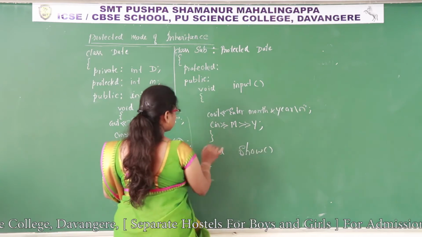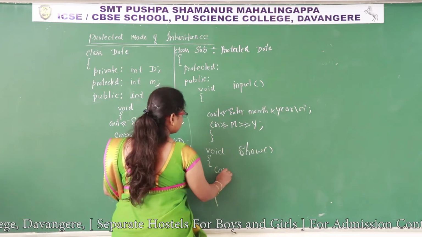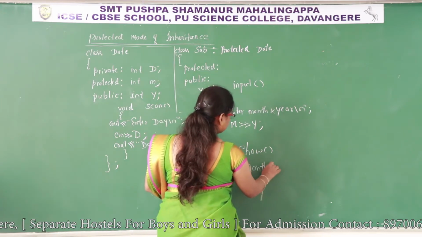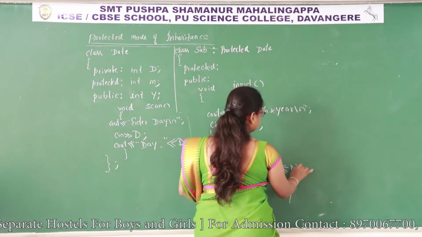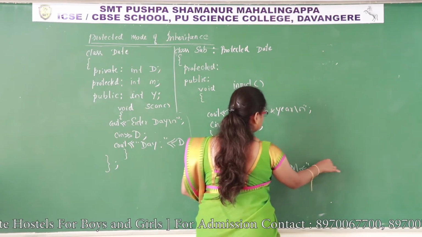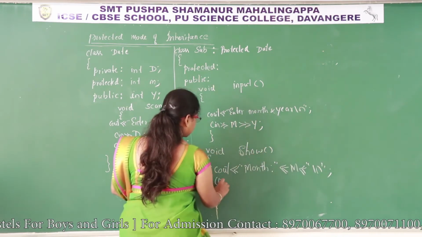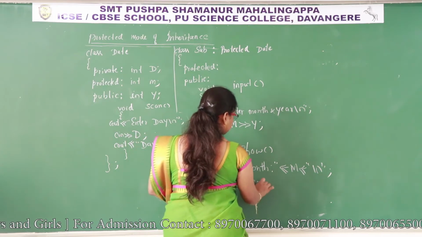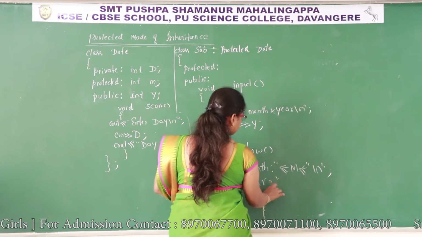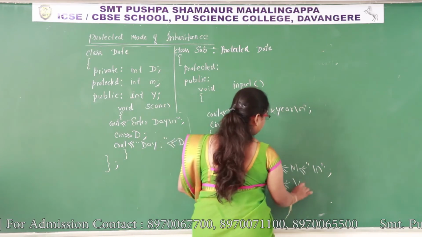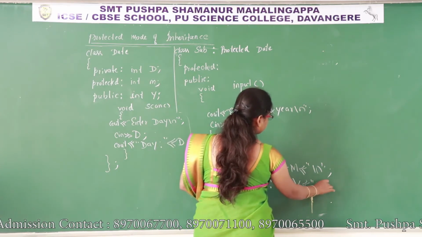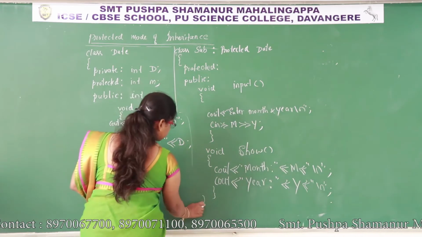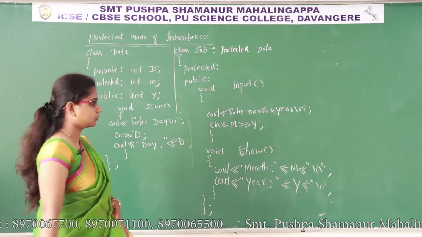This function has to display cout month colon M, year Y. Close. Okay.